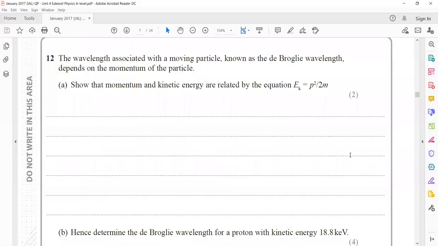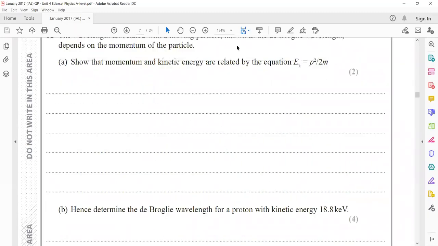The wavelength associated with a moving particle, known as de Broglie's wavelength, depends on the momentum of the particle. Show that the momentum and kinetic energy are related by the equation Ek equals p squared over 2m. So it's the same thing: momentum is a product of mass and velocity, and kinetic energy, Ek, is equal to half mv squared.